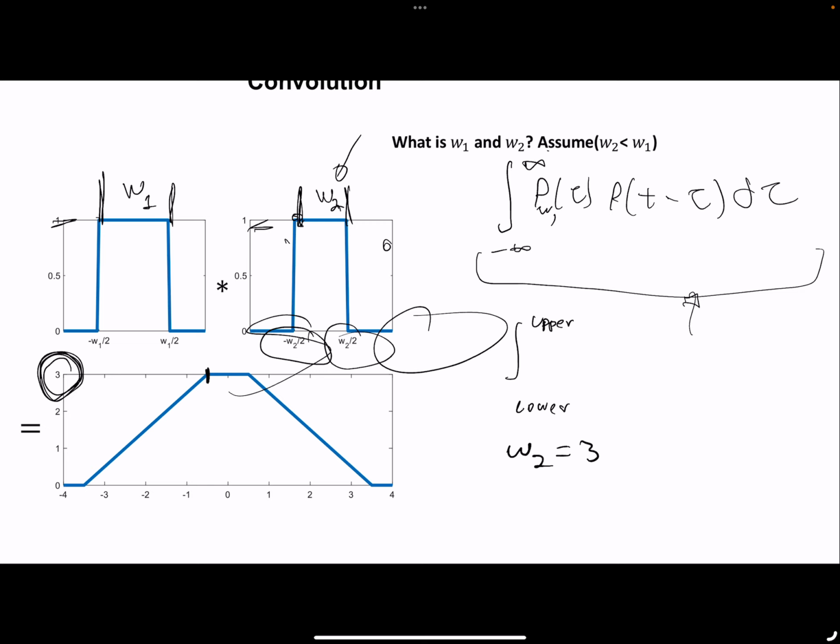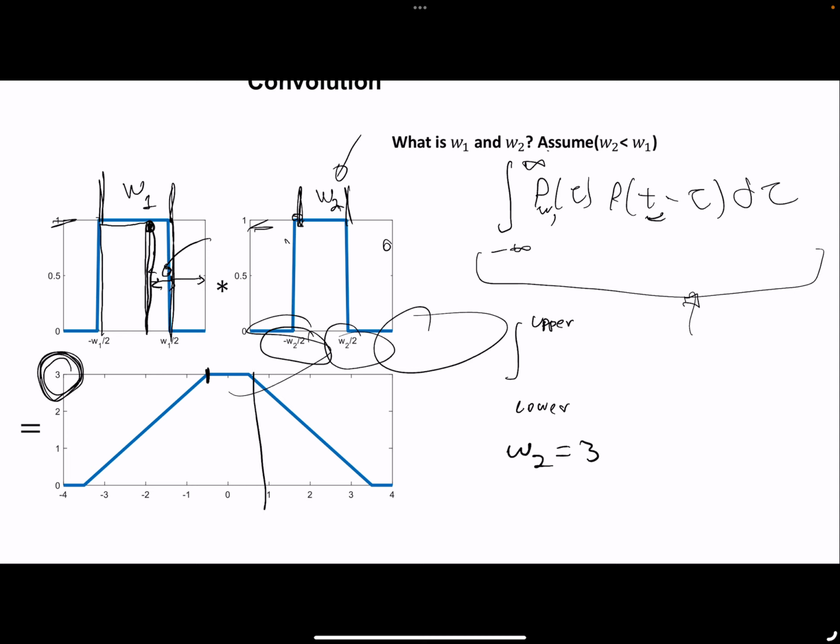Now, when you do the convolution, as time evolves, you can have one overlapping the other, but the amount of time that they overlap completely is how long it takes this edge to travel to this edge. What is that overlap time equal to? Well, it's the difference in the two widths, right?